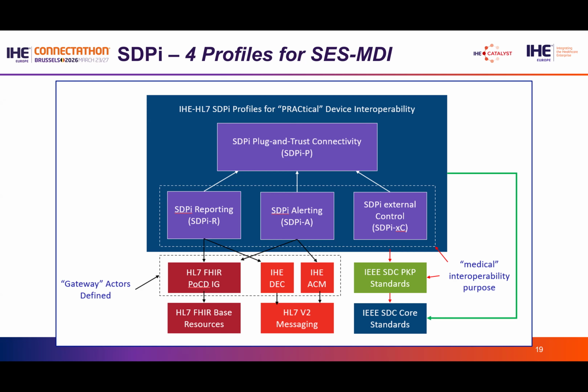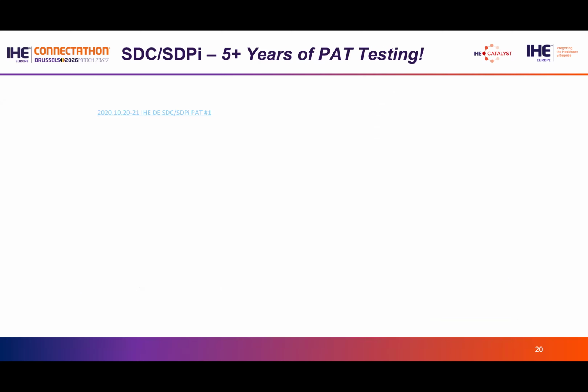And as you can see from the bottom part of this, this is well integrated with both HL7 as well as the IHE profiles for DEC, ACM, and others, as well as the IEEE SDC core standards for device-to-device plug and trust interoperability. So 4 profiles within this family, well integrated with everything that's been done before this.